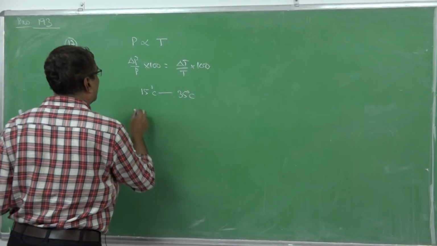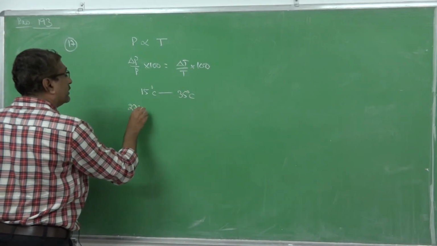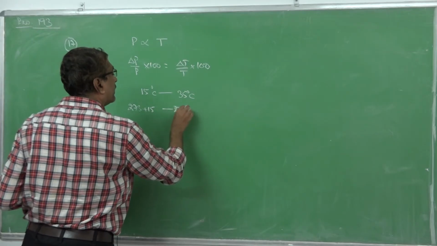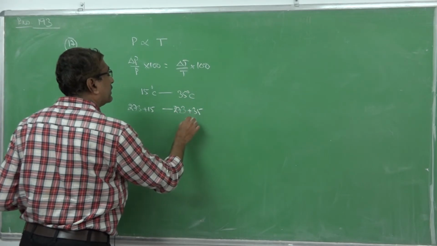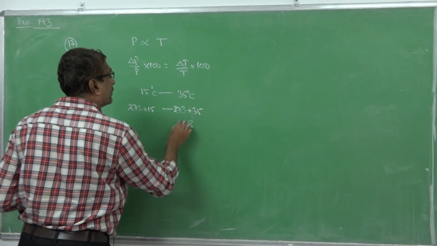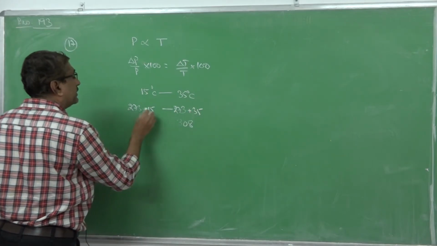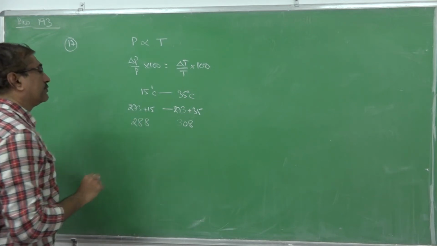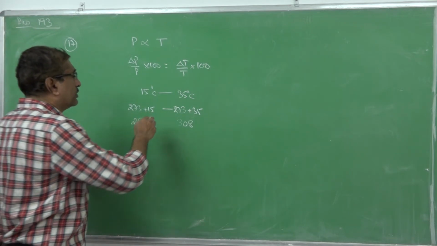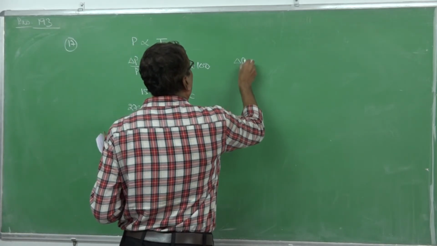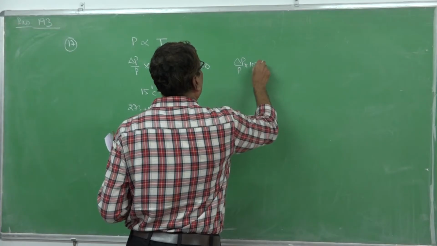That means initially it is 273 plus 15 to 273 plus 35, that is 288 to 308. So change in temperature to initial temperature, that means delta P by P into 100 is this one only.